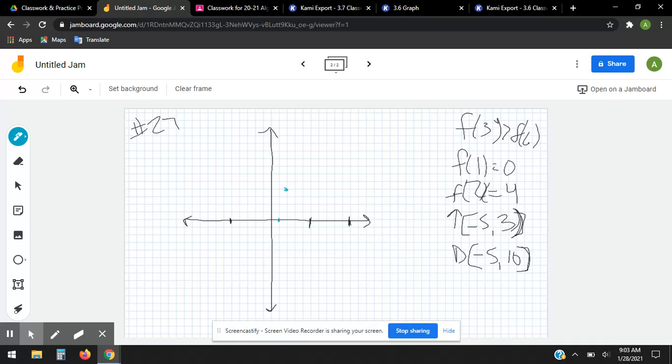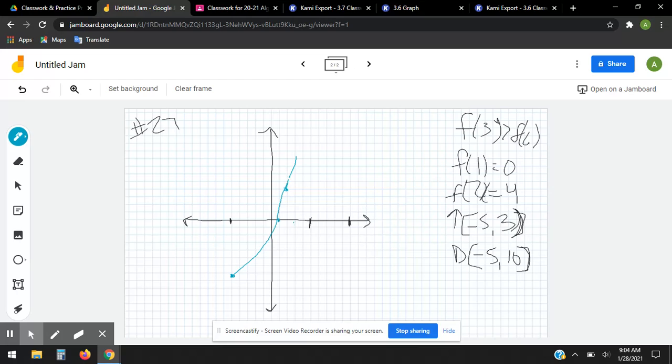We're increasing from -5 to 3. So all the way from here, let's say we go like this. And I have to include -5 when I'm doing my piece here.